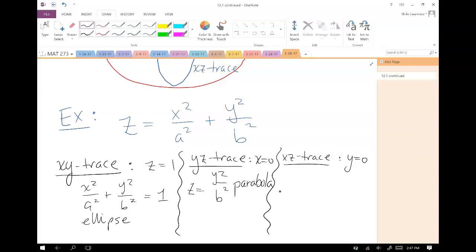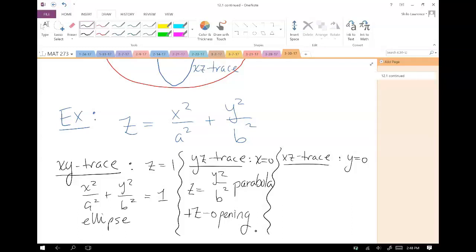It opens in the positive y direction. So parabolas open in the direction of their linear variable. So in z equals y squared over b squared, it's going to open in the positive z direction. The b squared is just a number. It's just going to adjust how widely or narrowly the parabola opens.